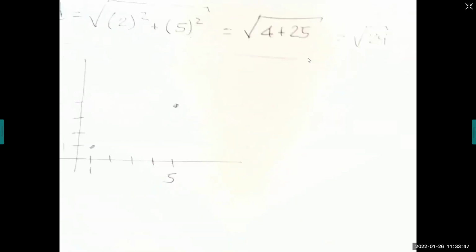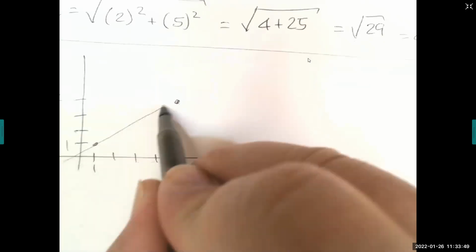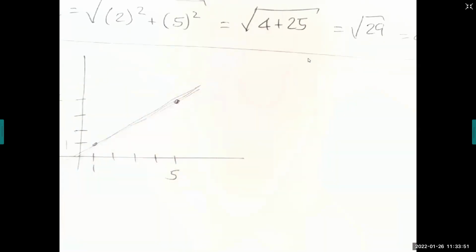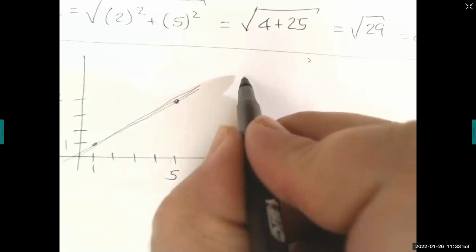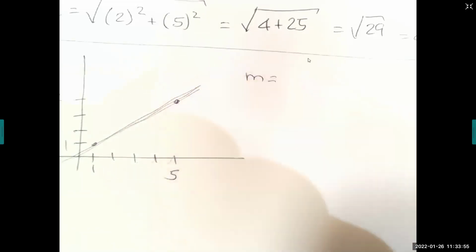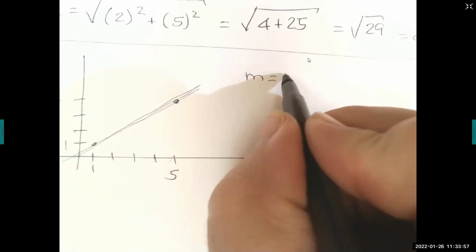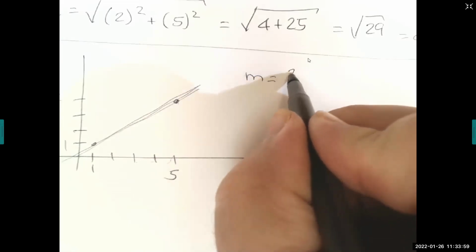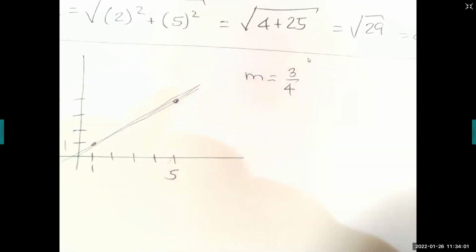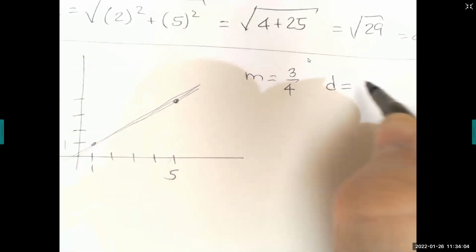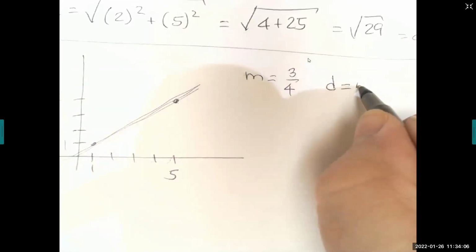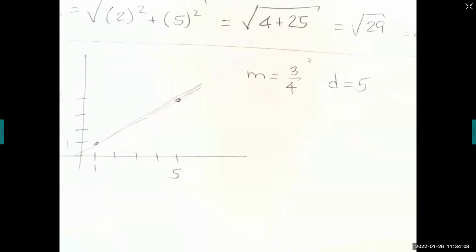Look at the same points, the same line. We know the slope, three over 4. We know the distance between point A and point B. It's 5 units.